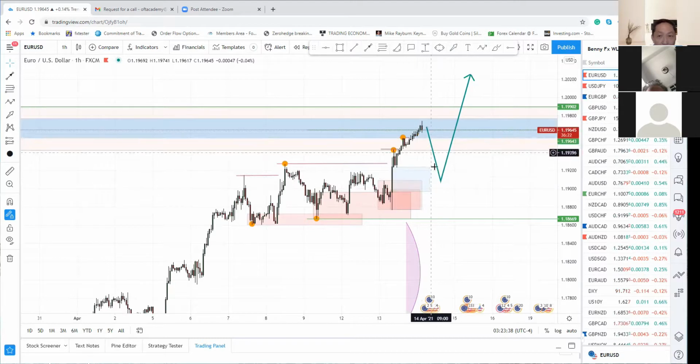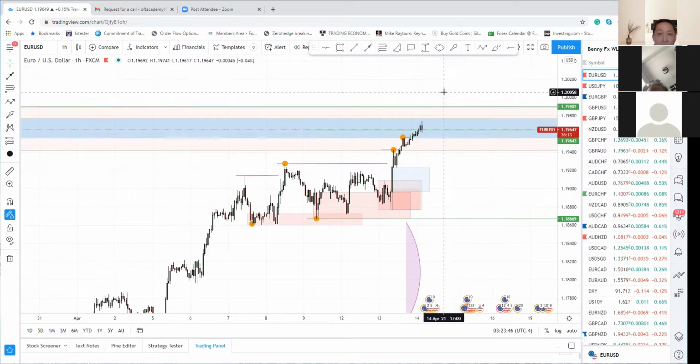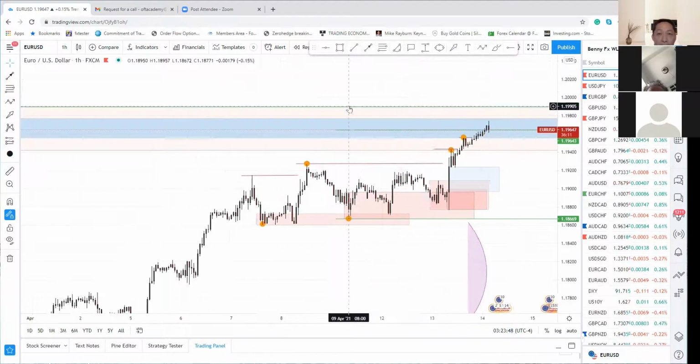Once the price moves to this area and fills up the gap, then we can start to go long on this way up, right?